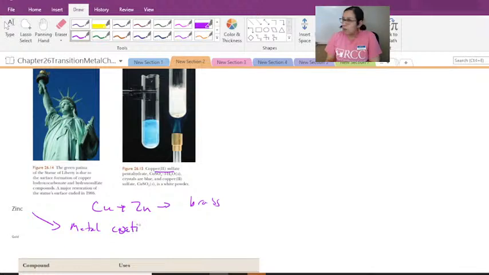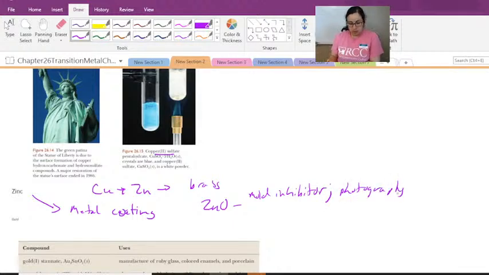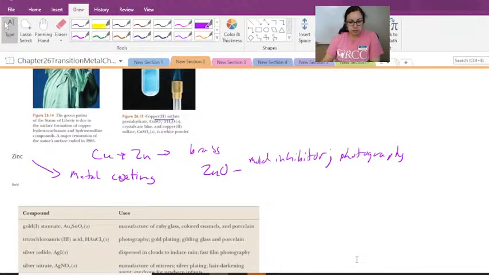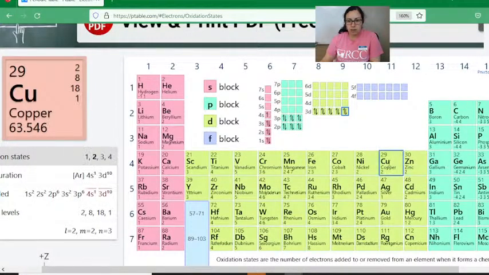We discuss that a lot in our Echem chapter. Zinc oxide is also used as a mold inhibitor and also used in photography. So that was copper and zinc.